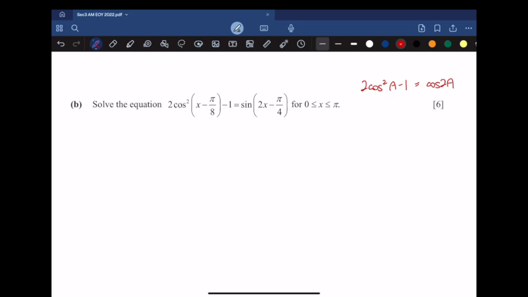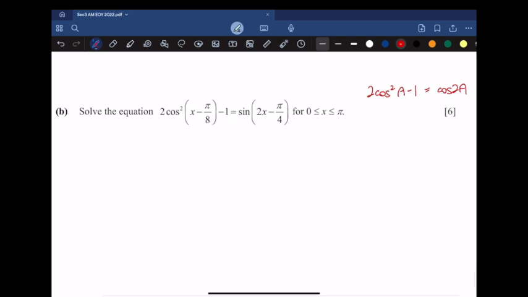So from here, this is equivalent to cosine of 2 times x minus pi over 8. Maybe I should use a square bracket instead. And the right side equals sine of 2x minus pi over 4.